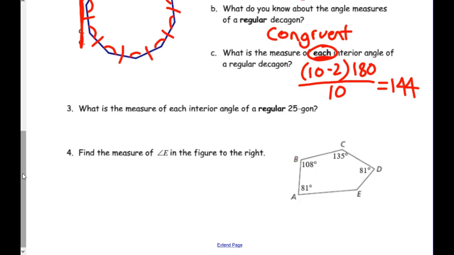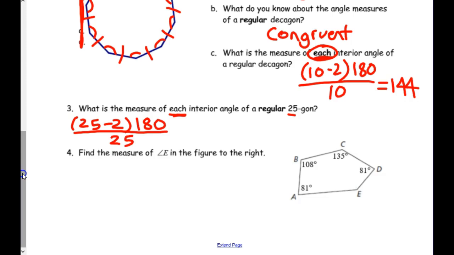What is the measure of each interior angle of a 25-gon? So, just like letter C up here, let's do number 3 down here. So 25 minus 2 times 180, and then what do we do with it? Divided by what? 25.